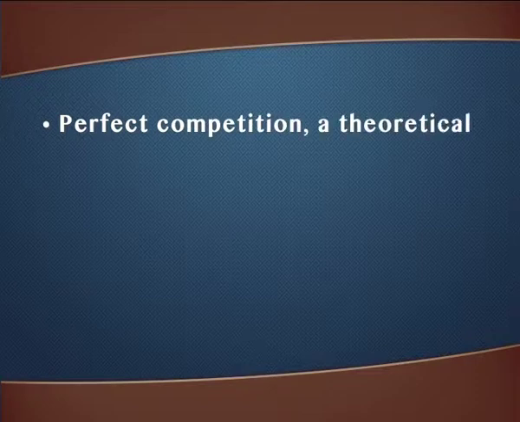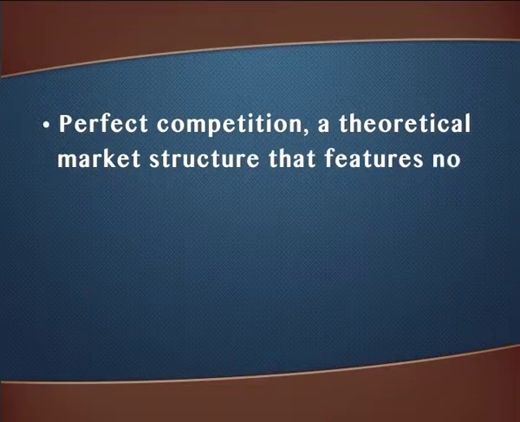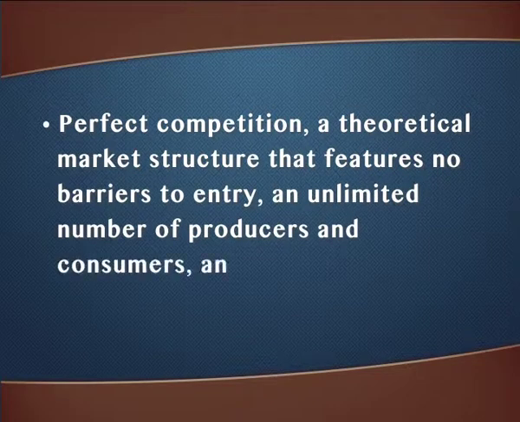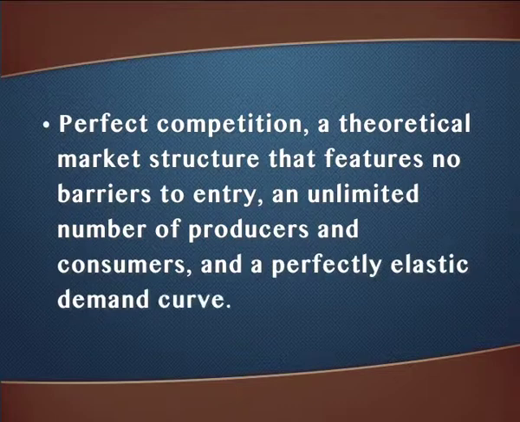Perfect competition, a theoretical market structure that features no barriers to entry, an unlimited number of producers and consumers, and a perfectly elastic demand curve. Examples of markets include, but are not limited to, commodity markets, insurance markets, bond markets, energy markets, flea markets, debt markets, stock markets, online auctions, media exchange markets, and real estate markets.